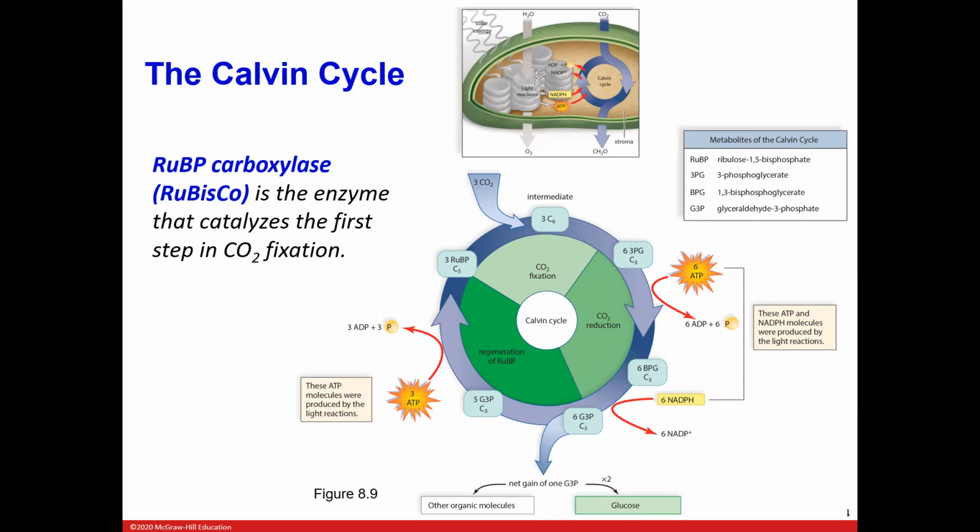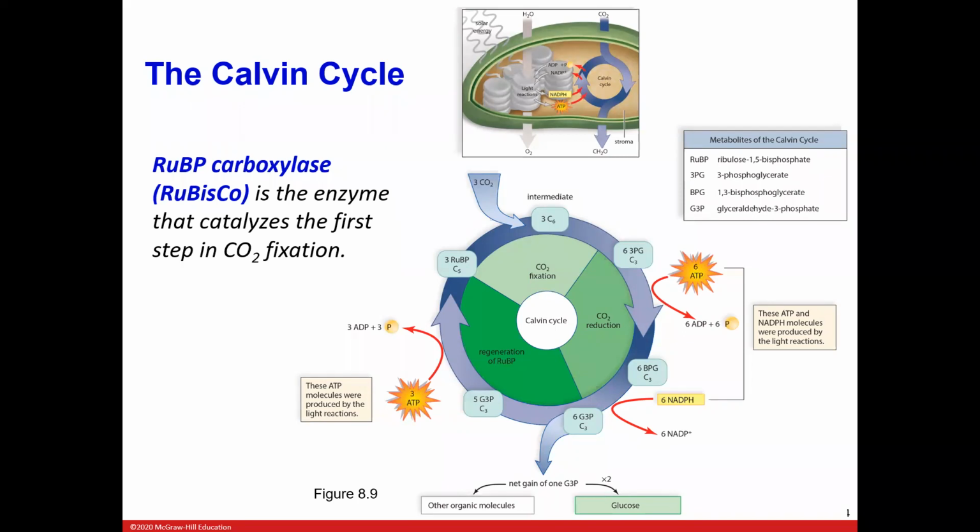Now the next step is we're going to reduce this by NADPH, which is generated by the light reactions. These come in and donate the 2 electrons plus the hydrogen, and we go from BPG to G3P, which is glyceraldehyde 3-phosphate.